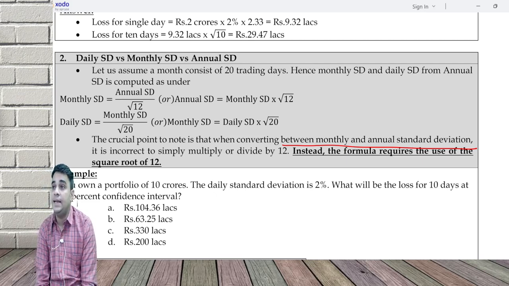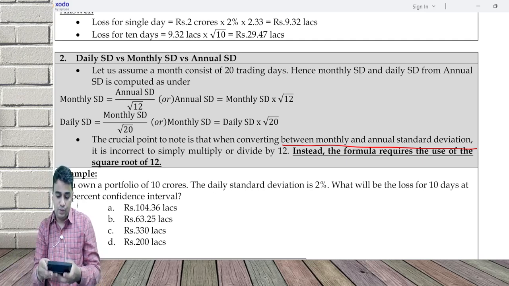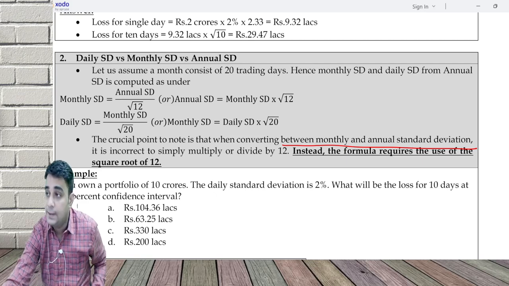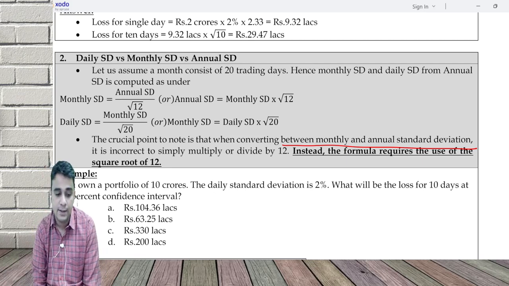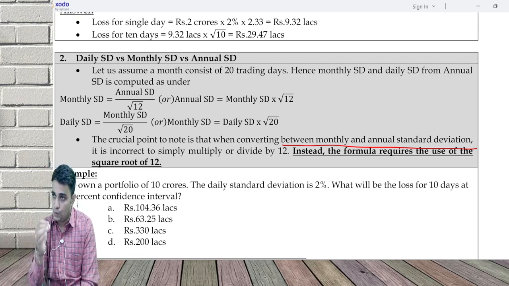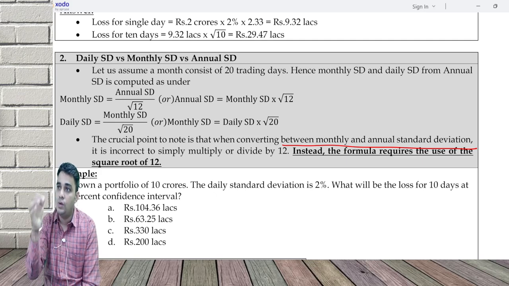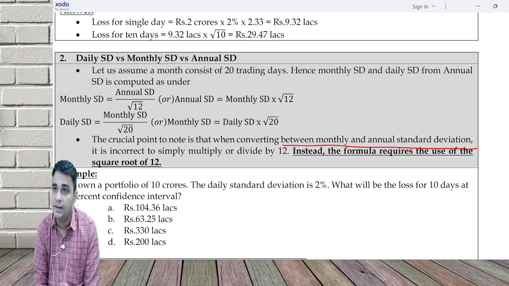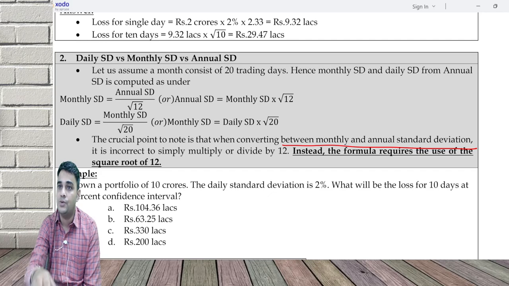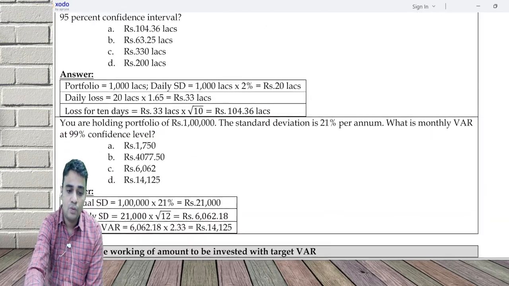Daily loss, 20 lakh into 1.65 is 33 lakh. Then 33 into square root of 10, I get 104.36. In the exam, many students take 33 into 10 and write 330, which is wrong. Clear? Any doubts on this? Now do the next one.